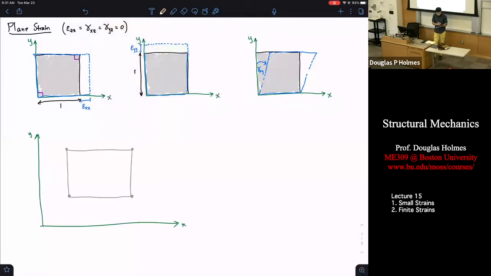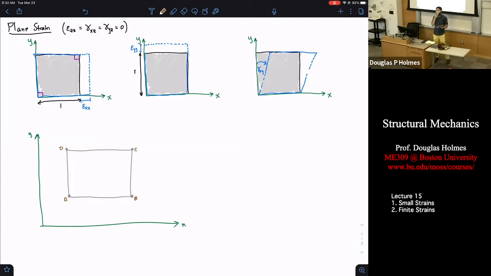Label this thing A, B, C, and D. And we can imagine that some combination of stresses distorts these material points. You should think of these as material points within a body.